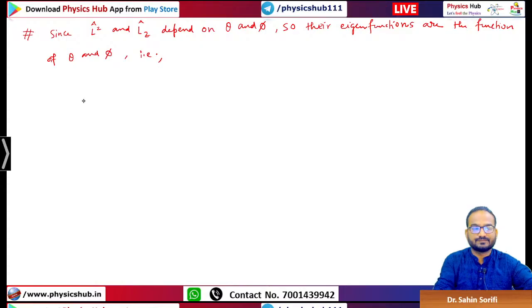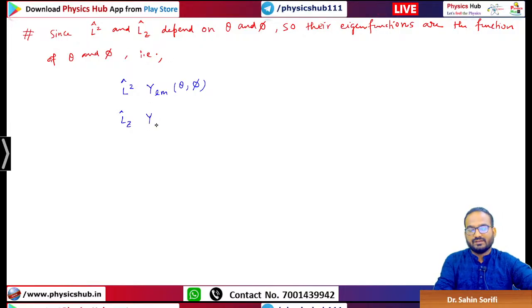Look, this is L square, this is Lz. They have simultaneous eigenfunctions. So let us now denote the eigenfunction, instead of |l, ml⟩, by Y_l^ml(theta, phi). This is some function which is an eigenfunction of both L square and Lz.